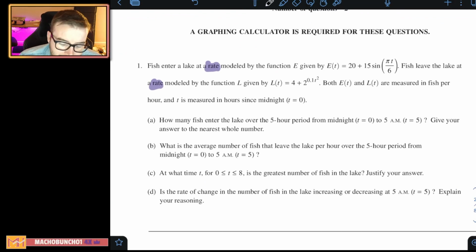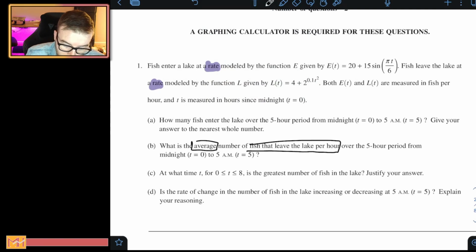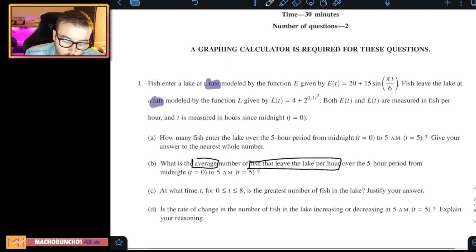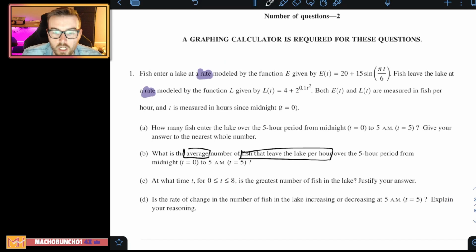What is the average number of fish that leave the lake per hour over the 5-hour period from midnight to 5 a.m.? So we're finding an average value of the fish that leave the lake per hour. So what are we finding the average of?